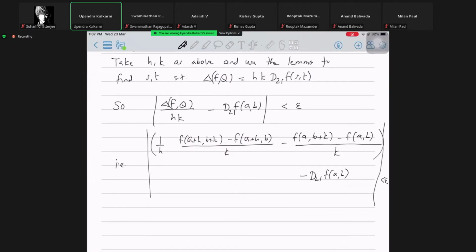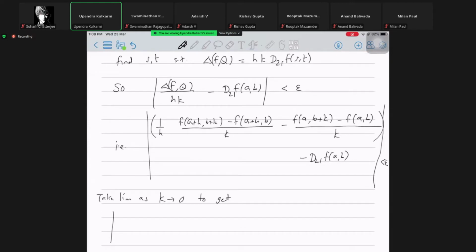What do I do now? This quantity is less than epsilon, so I can take the limit as K approaches 0 to get some quantity. This is standard analysis one, so you tell me what happens.